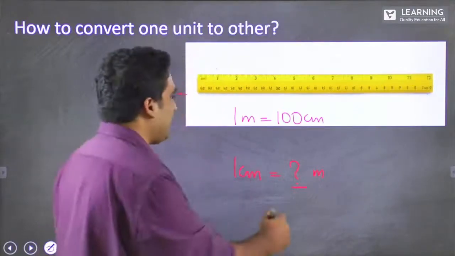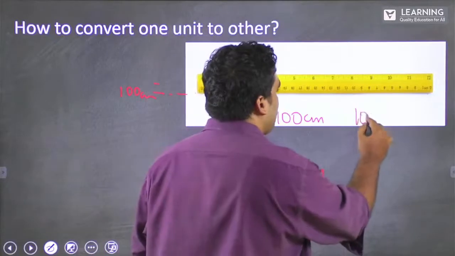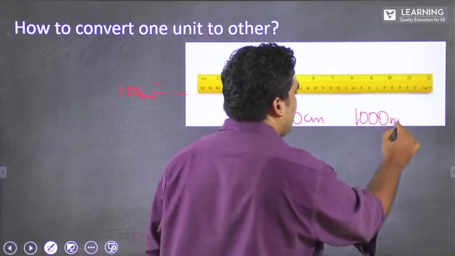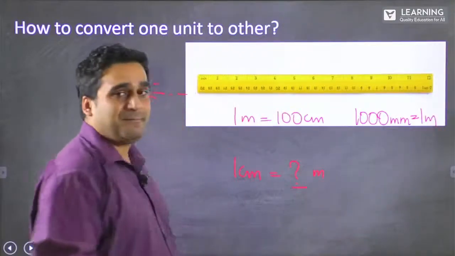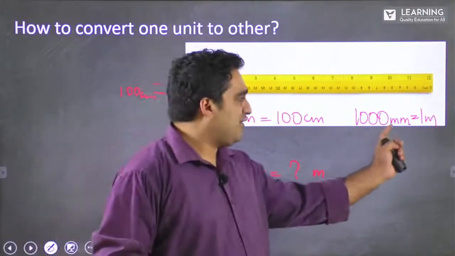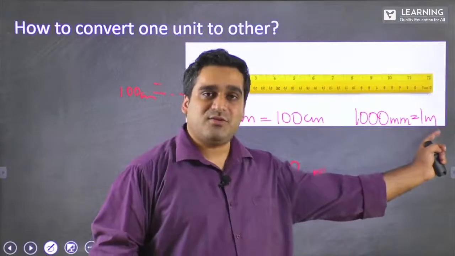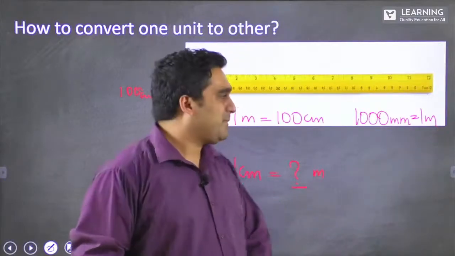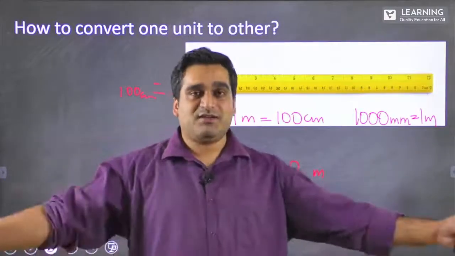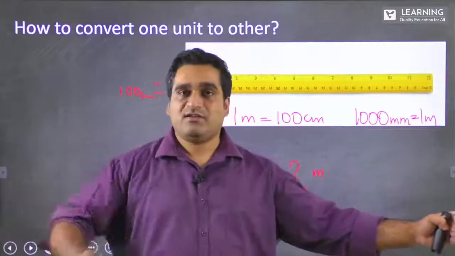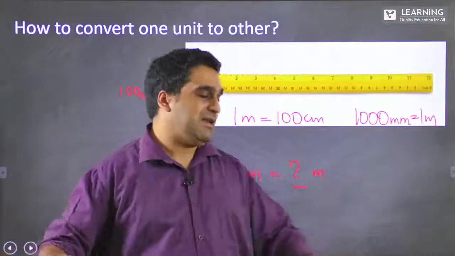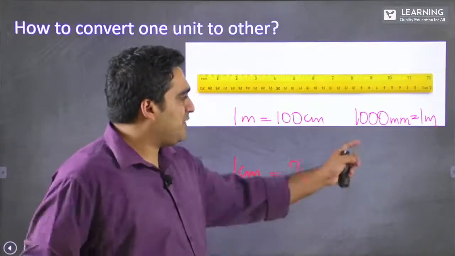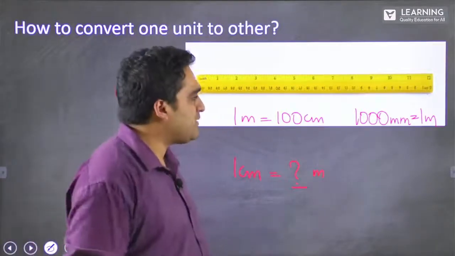So 1000 millimeter equals 1 meter. It just means you have a meter scale and you have cut it into 1000 parts. Each part will be 1 millimeter, so you have 1000 such parts.